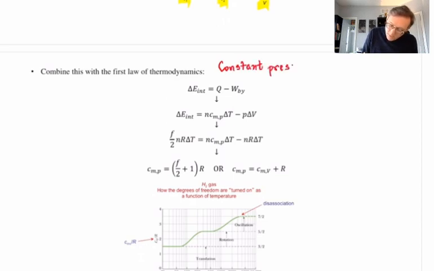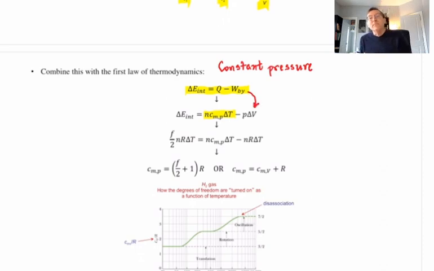Go to the first law of thermodynamics. It's a very general statement: delta E internal equals Q minus W by. Now use the formula that relates Q and delta T, if the pressure is constant, c_m,p times n delta T. Here's another thing we're going to do.